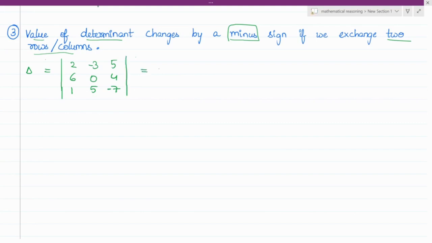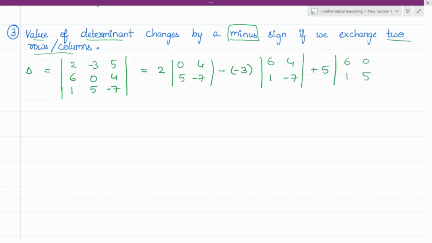A11 times M11, that is 0, 4, 5, -7, minus of -3 times 6, 4, 1, -7, plus A13, that is 5, times M13, that is 6, 0, 1, 5.